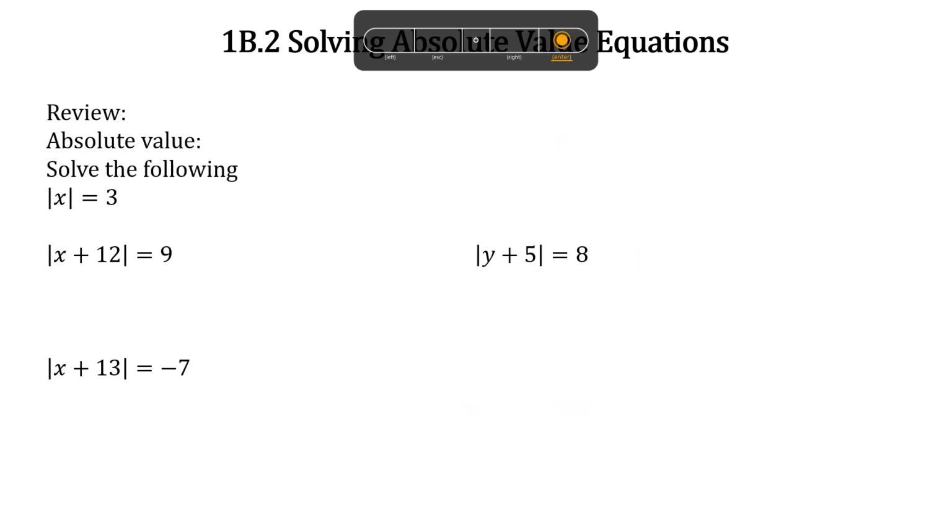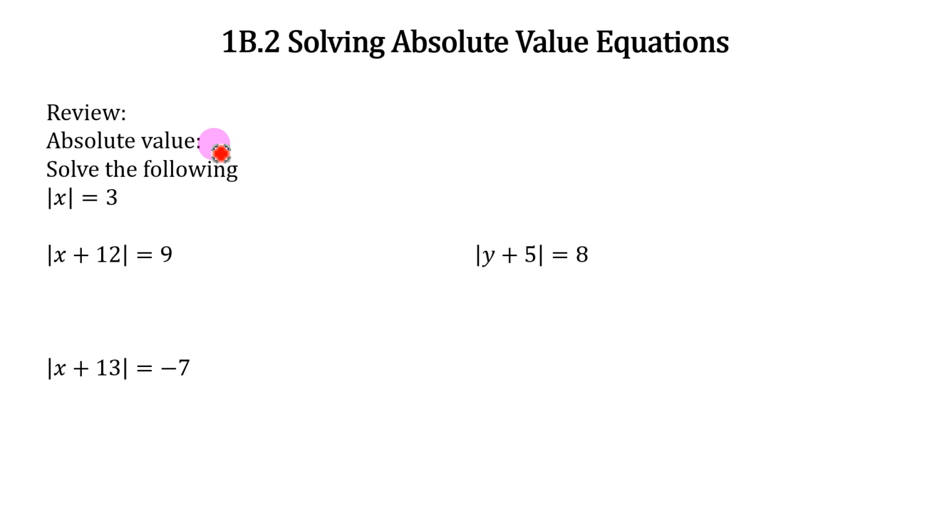Okay, now let's start talking about equations. Absolute value. I know it just means to you that we lose the negative sign. But the true definition of absolute value is the distance a number is from 0.